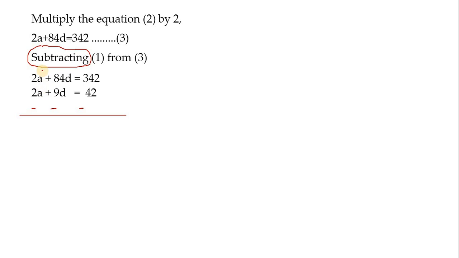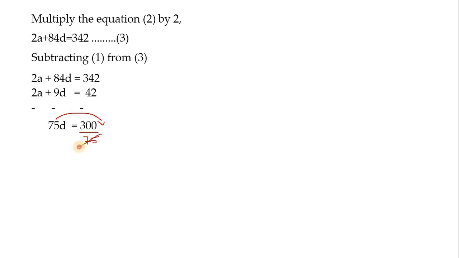So, now let us subtract. This plus a and minus 2a will get cancelled. This plus 2a and minus 2a will get cancelled. Let me subtract 9 in 84d. I'll get 75d. And here in 342, if you subtract 42, you will get 300. Next, this 75 you transfer this side, so it becomes the denominator.